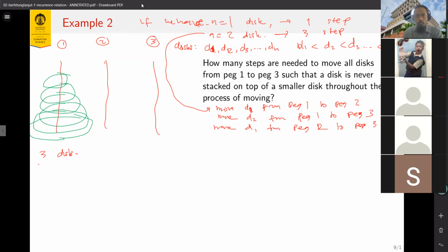We have D1, D2, and D3. So what would be our first step? We have 3 discs. Anybody have an idea?